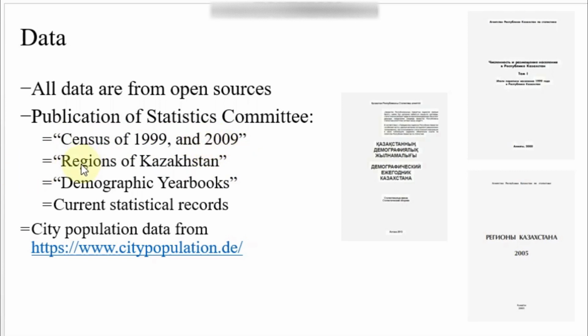Then there's statistical publications of the Committee on Statistics called Regions of Kazakhstan that includes lots of data with geographic references, and there's another source of data very important here. It's called demographic yearbooks. Some small proportion of data is taken from current statistical records, and some very insignificant part of the data is taken from this source here called citypopulation.de.